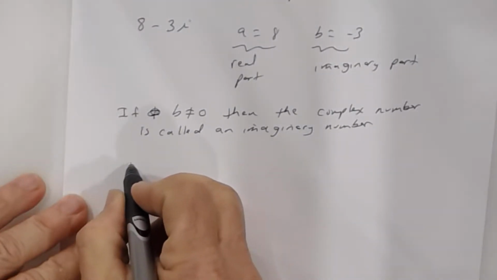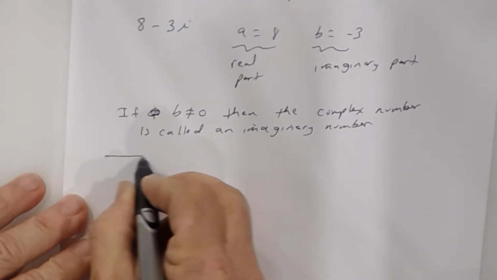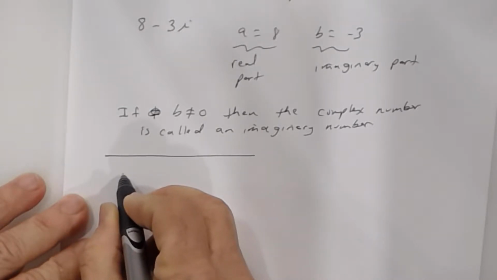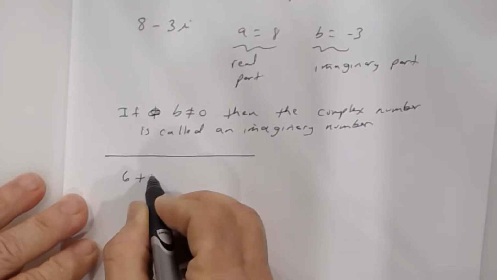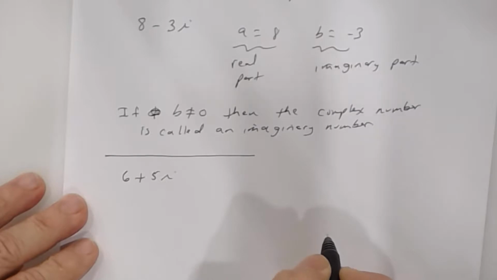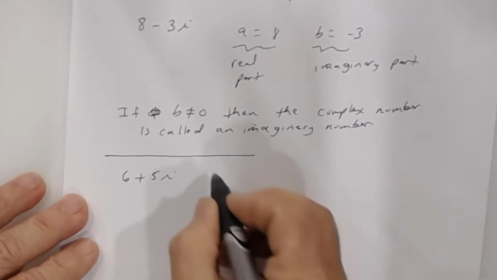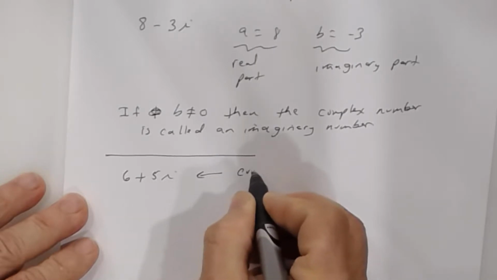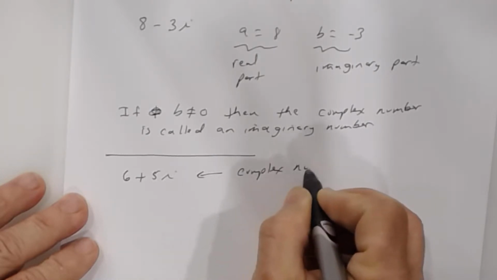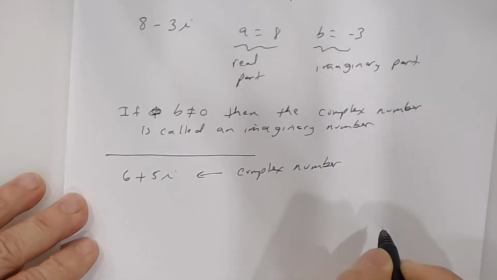So for example, 6 plus 5i. Is that a complex number? Yes, it's a complex number. Is this complex number an imaginary number?